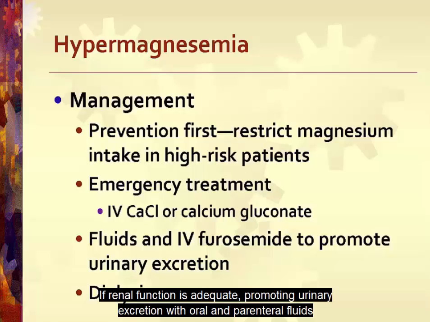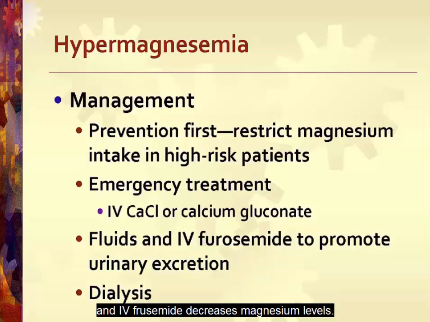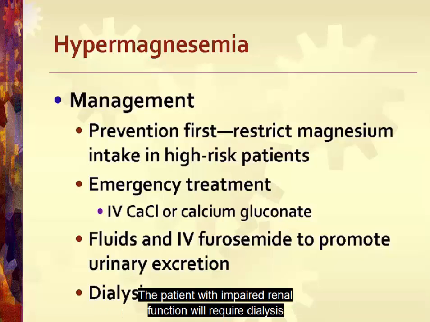If renal function is adequate, promoting urinary excretion with oral and parenteral fluids and IV furosemide decreases magnesium levels. The patient with impaired renal function will require dialysis because the kidneys are the major route of excretion for magnesium.